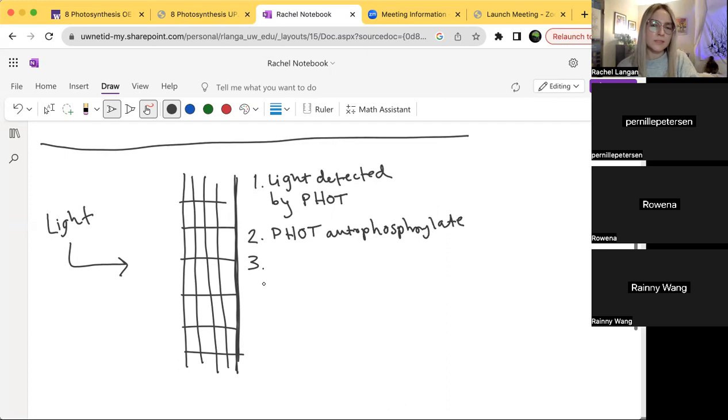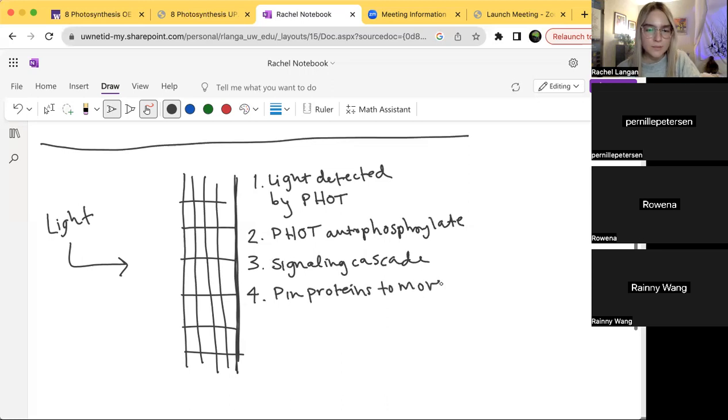When phototropin autophosphorylates, it activates a signaling cascade. You don't have to know the individual steps of what happens, but you need to know that in the end, that causes PIN proteins to move to the side opposite the light.